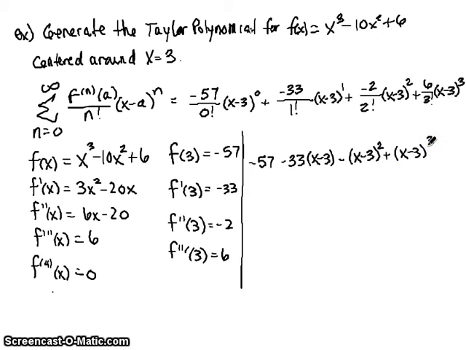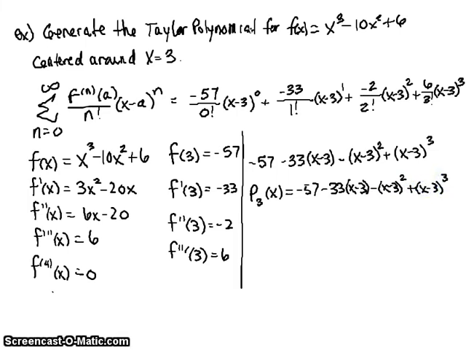Now our notation for this, since it's a Taylor polynomial, we're going to say P, and we're going to call this P sub 3 of x equals negative 57 minus 33 times x minus 3 minus x minus 3 squared plus x minus 3 to the third.